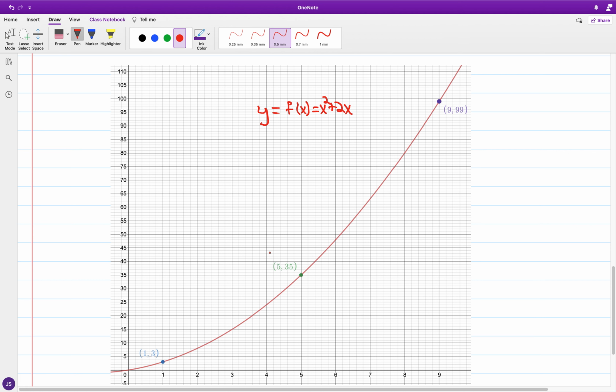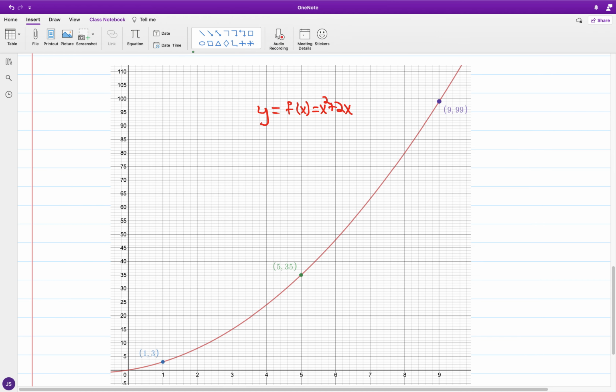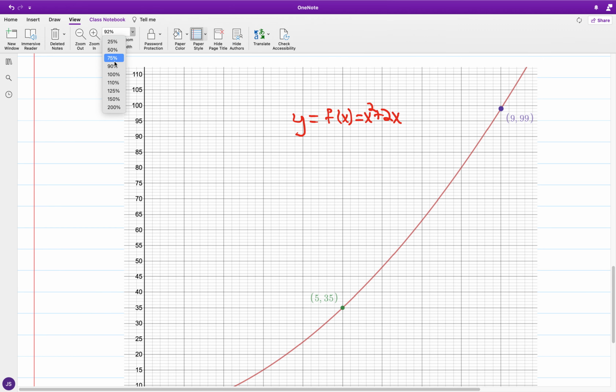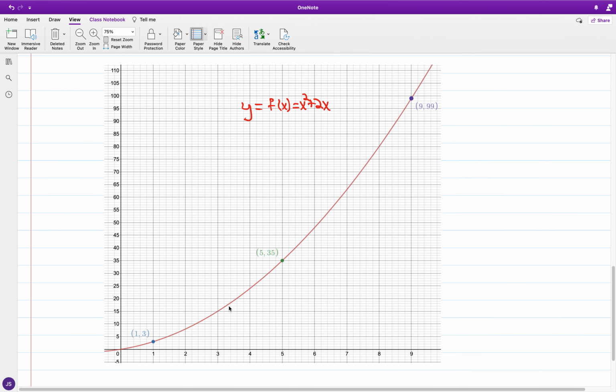Now where the secant lines are concerned, if you notice, you have included on the graph the points 1, 3, 5, 35, and 9, 99.